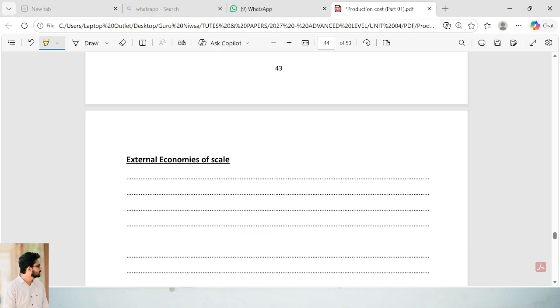Can you write this down separately? External economies of scale. Put a star mark and write it down. Page number 41, there's a separate section for notes. In that section, please write this down. External economies of scale, EOS.